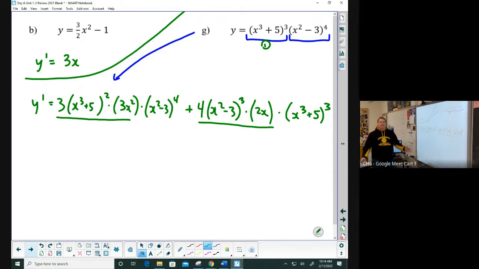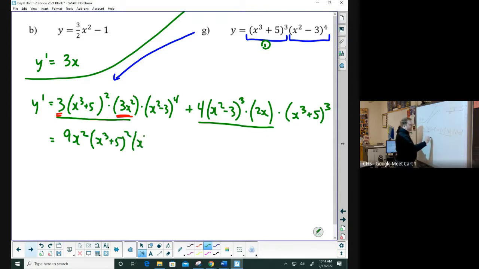Now it's a matter of cleaning up. Only clean up when it's simple. So in this case, I got a 3 times the 3x squared. That's a simple thing. This squared and this 4 is too much. So I'm only going to clean this up and say 9x squared. Everything else I'm going to leave as is. Plus, over here, find things that are easy to clean up. 4 times 2x.